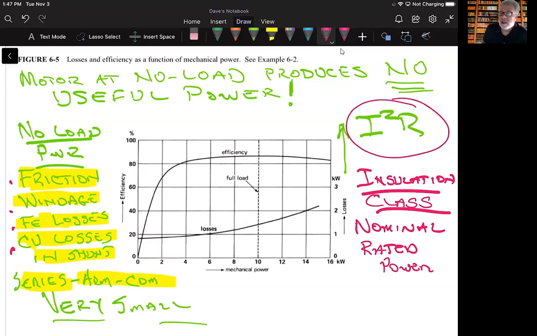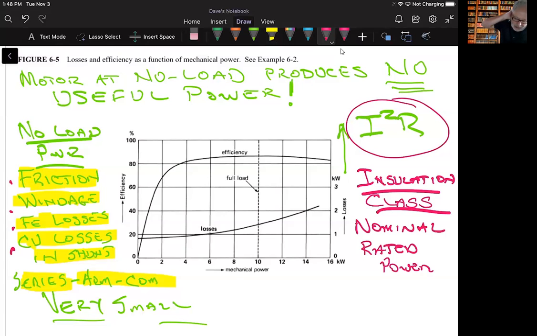A machine that's loaded beyond its nominal rating will usually overheat, and the insulation will deteriorate more rapidly, and eventually you will shorten the service life of the machine. It happens every day. It's a leading cause of motor failure.